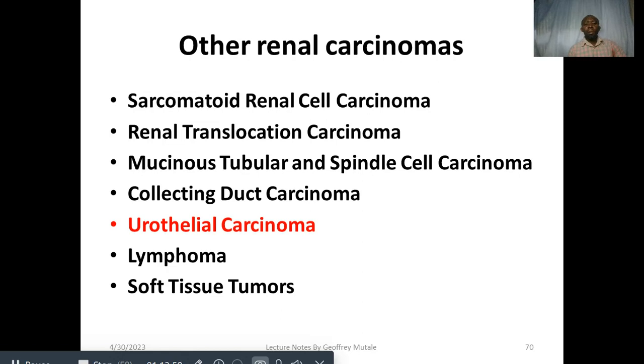So at our own interest and for our own good, I think we shall find time to go through them, read and understand them better, because if not so, we may spend the whole day discussing these different carcinomas because there are many. So amongst the many others, we have the sarcomatoid renal cell carcinoma, the renal translocation carcinoma, the mucinous tubular and spindle cell carcinoma, collecting duct carcinoma, and the list continues.